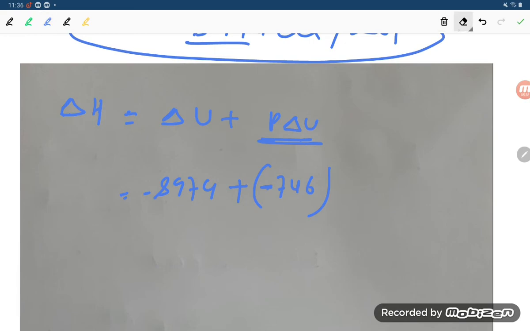Work done by the system will then be positive only, so it is coming 746, positive 746. And if you solve it, you subtract this one, and let us see how much will come, student.